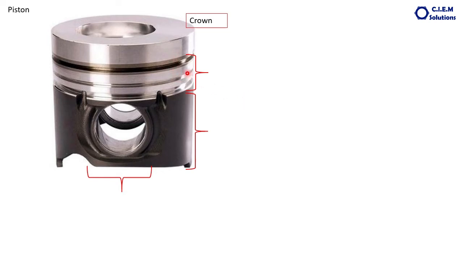The piston has mainly 4 components. The top surface of the piston is called the crown, which is subjected to very high temperatures and thrust. And this particular area, which I am showing, is called the ring belt. Why? Because the rings are placed in these grooves.